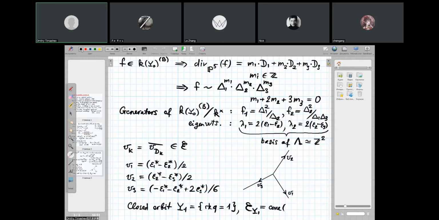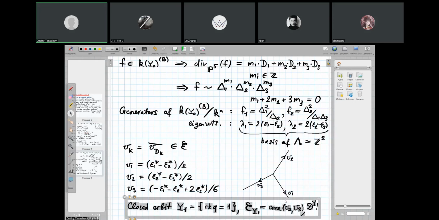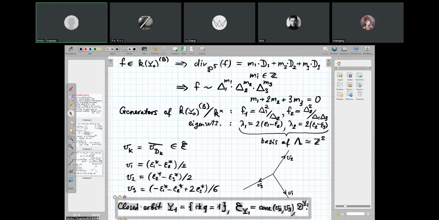So the cone corresponding to Y1 is spanned by the vectors V2 and V3, and the set of colors consists of a single color, the color containing Y1. This color is D2.